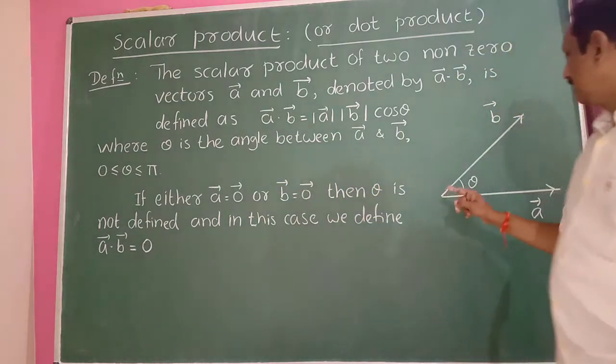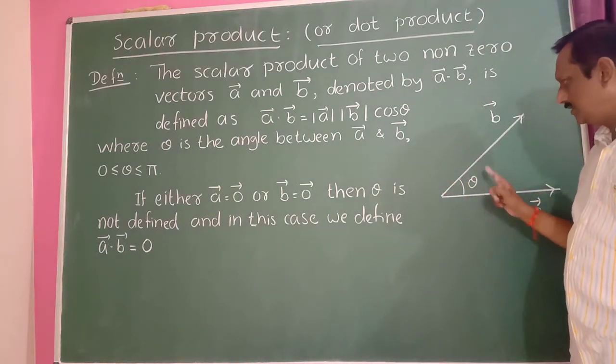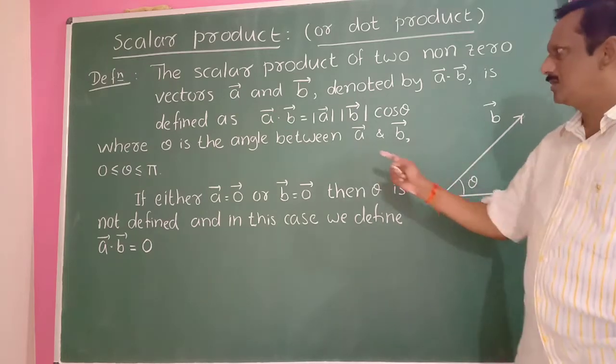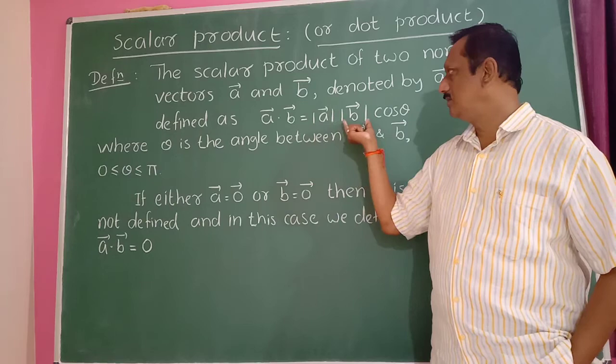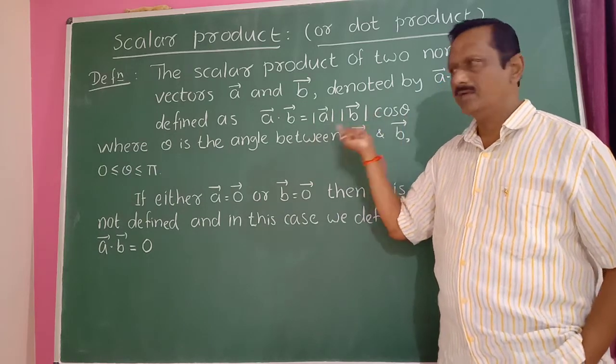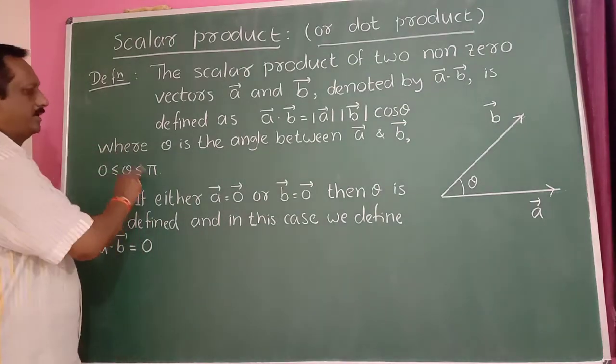Therefore, a bar and b bar are two vectors, and theta is the angle between these two vectors. Hence, the dot product of two vectors is given by a bar dot b bar equal to modulus of a bar into modulus of b bar into cos theta, and theta is in between 0 and pi.